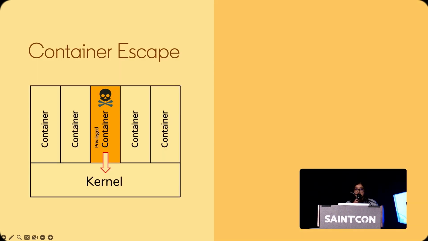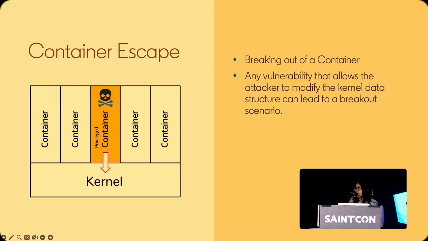And this can be achieved if an attacker is successful in breaking out of the bounds of a container and escaping into the underlying host kernel space. So any vulnerability that allows the attacker to modify the underlying kernel data structure can lead to a container escape scenario. And one of the avenues to achieve that is by compromising a privileged container.